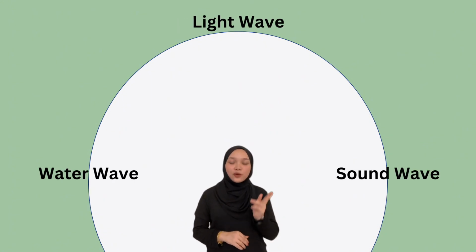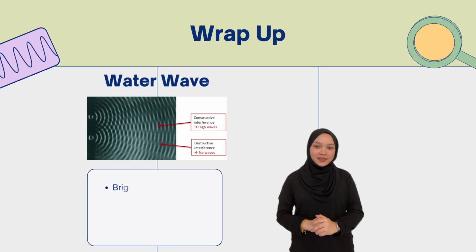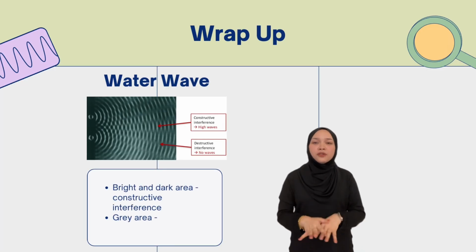Okay, we are almost at the end of the lesson for the principle of wave superposition. In this part, I will simply explain and summarize the interference of three types of wave, which are water wave, light wave, and sound wave. First, look at the figure for the water wave.